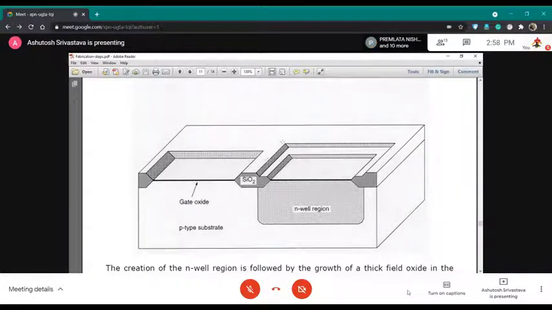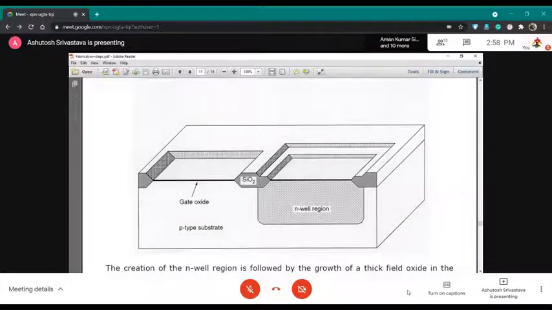So this is a three-dimensional representation of your CMOS fabrication steps. I think it will talk about the CMOS fabrication steps. So instead, here you start with a P substrate, and then you are already using the patterns.